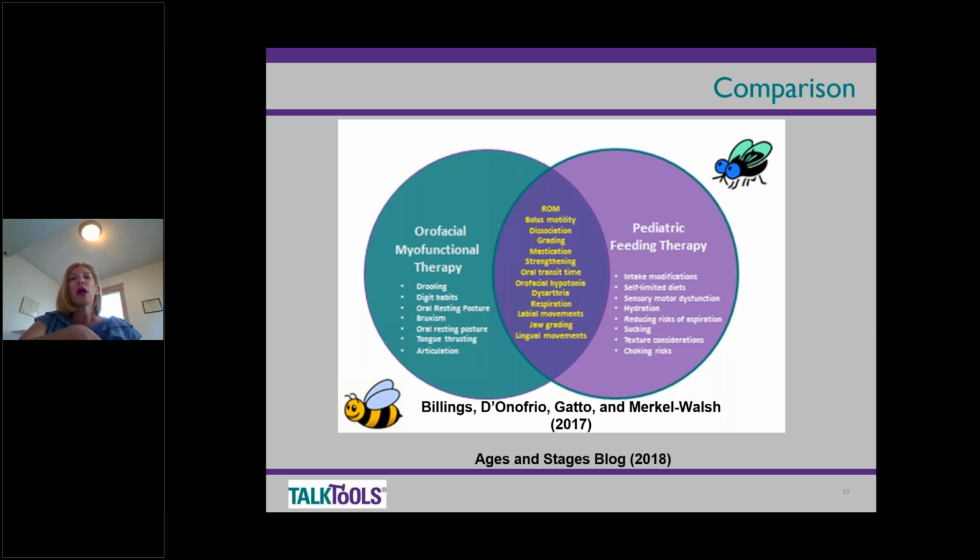And this is where scopes of practice can get gray between speech pathologists, OTs, physical therapists, RDHs in these two different diagnoses, because for both feeding and OMT, we're working on range of motion of the cheeks, lips, and tongue and jaw.